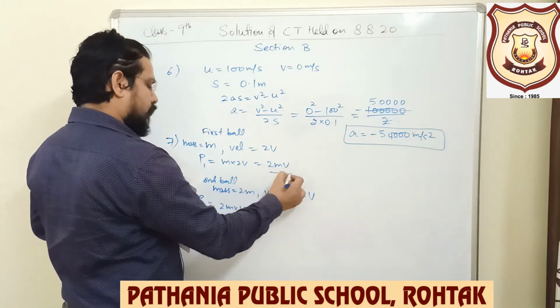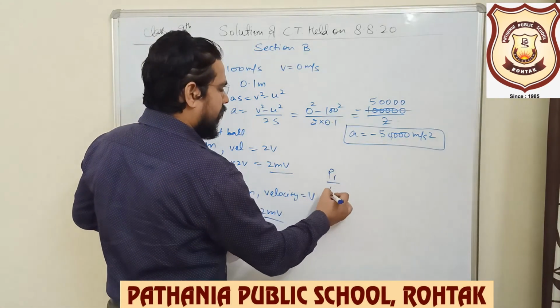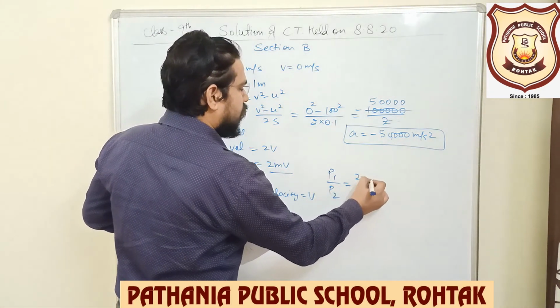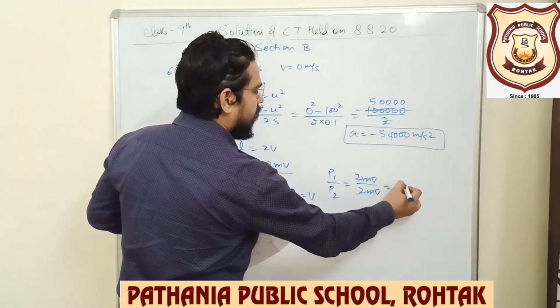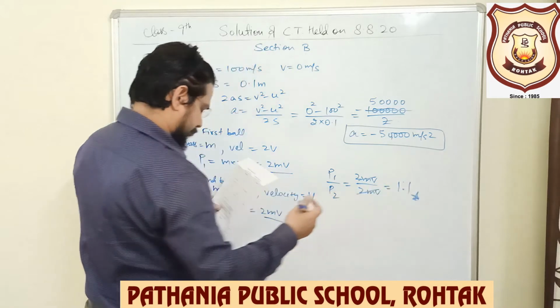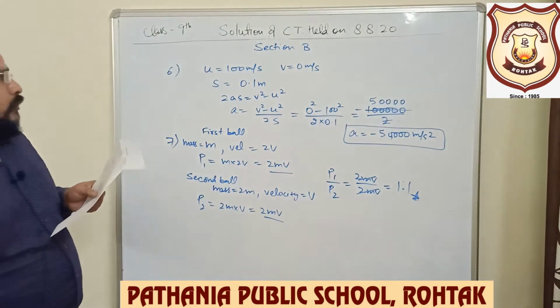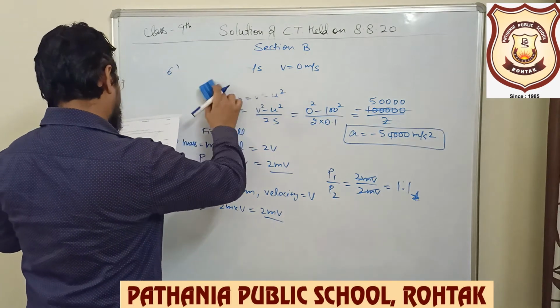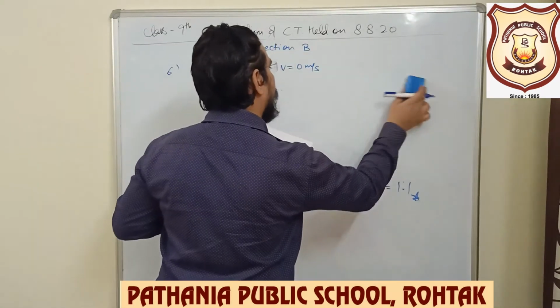So as p1 is 2mv, p2 is 2mv, the ratio p1 by p2 will become 2mv divided by 2mv, and they are same, so ratio is 1:1. Your answer.